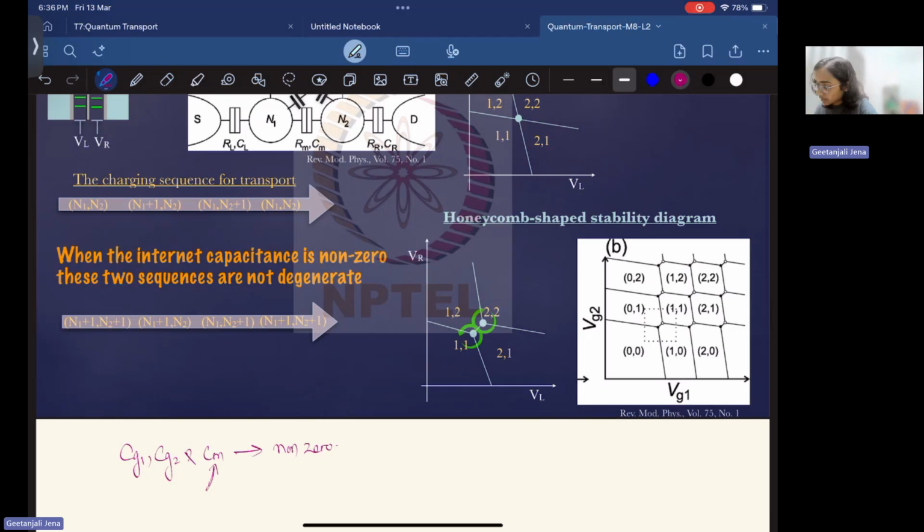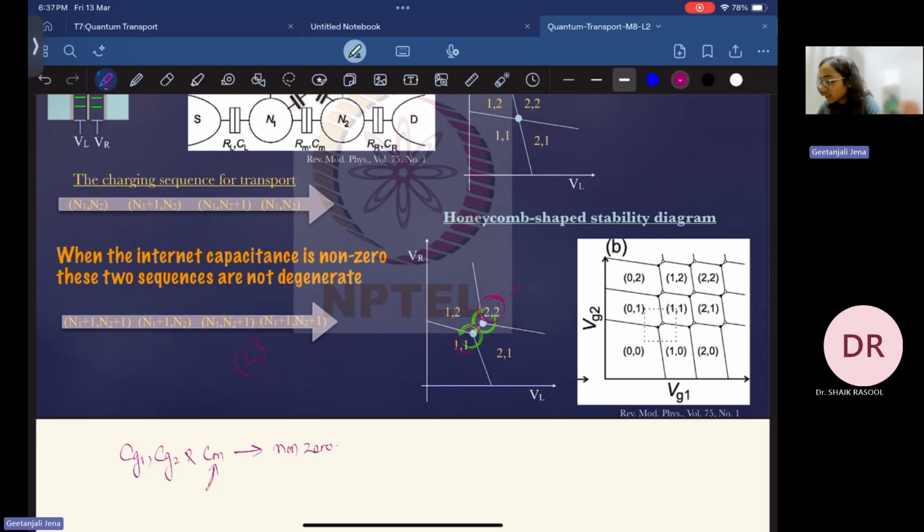You can see here, we are seeing the 2,2 state at a higher value of gate voltage, and the 1,1 state at a lower value of gate voltage. So it will get shifted depending on VL and VR. And this shifting is because of the non-zero value of this interdot capacitance, which is Cm.